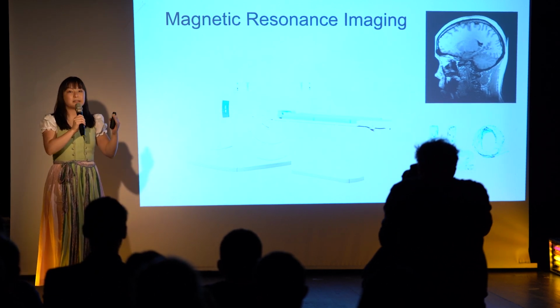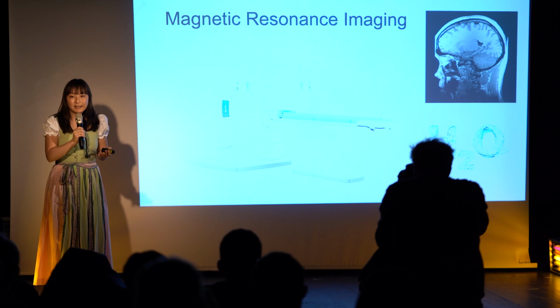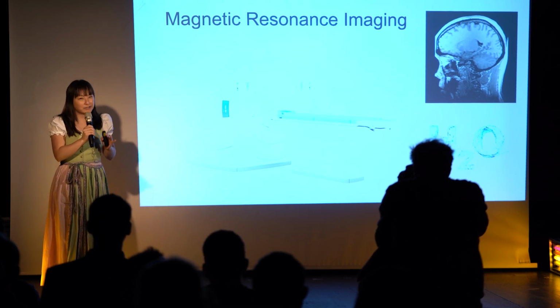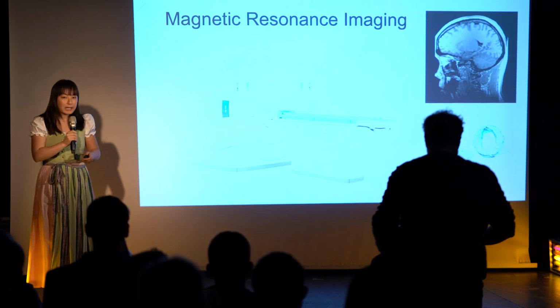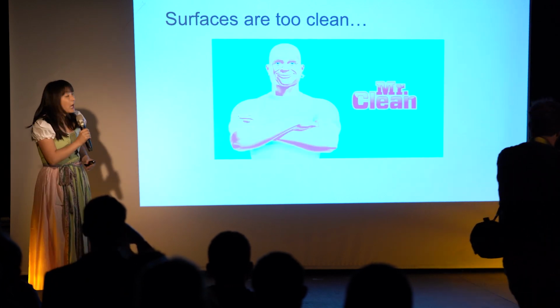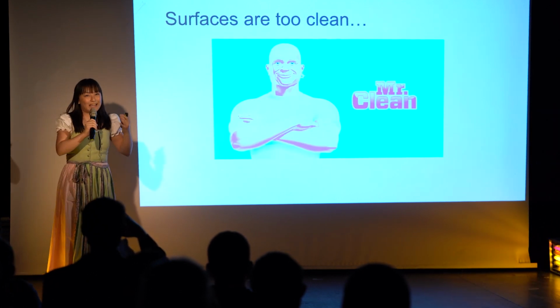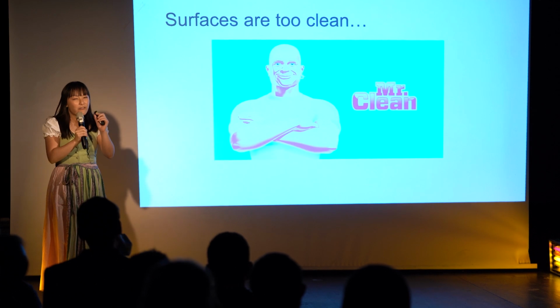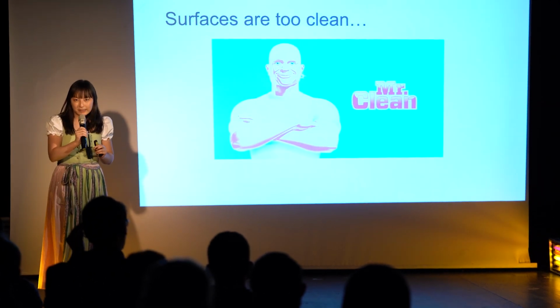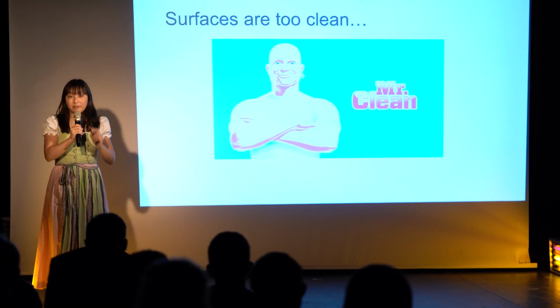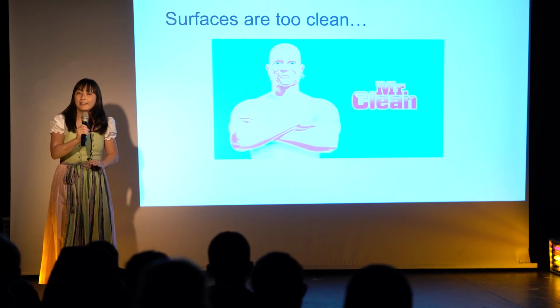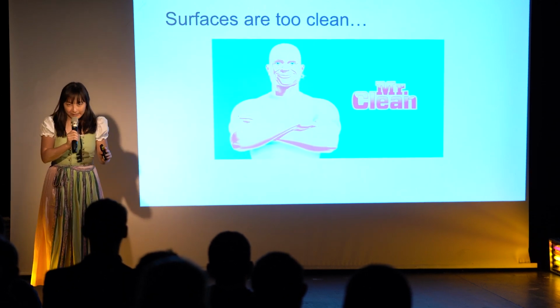So while this is an amazing technology, it does have its limits, and that is to get information from surfaces. So at surfaces, there are very, very limited number of spins. And while such a clean surface might make Mr. Clean very happy, it's not great for magnetic resonance.